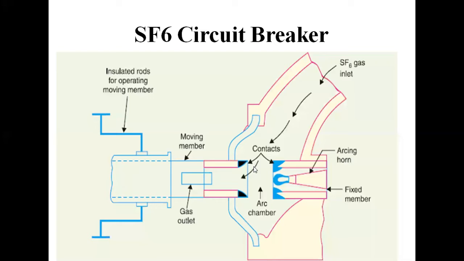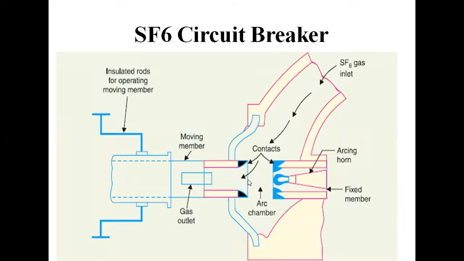The high pressure flow of SF6 gas rapidly absorbs all the free electrons in the arcing chamber. The result is that these electrons are absorbed by SF6 gas and the arc is extinguished between the moving member and fixed contact. So this is how an arc is extinguished in the SF6 circuit breaker.